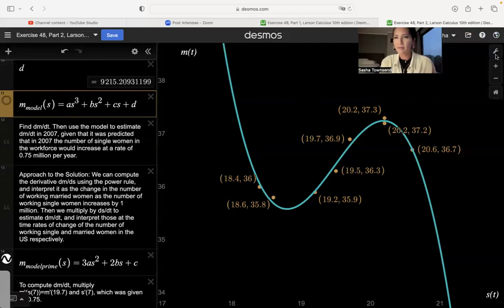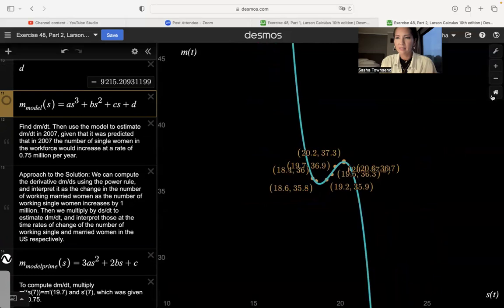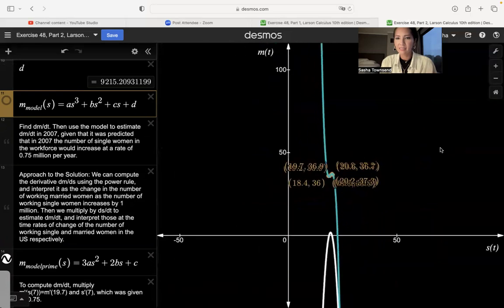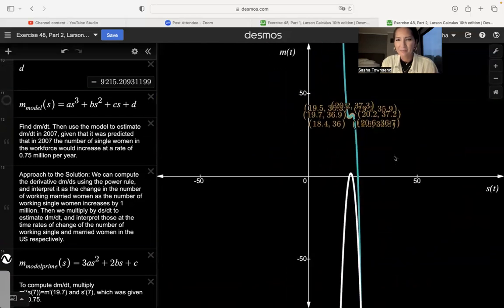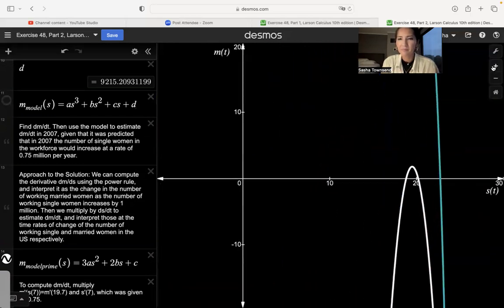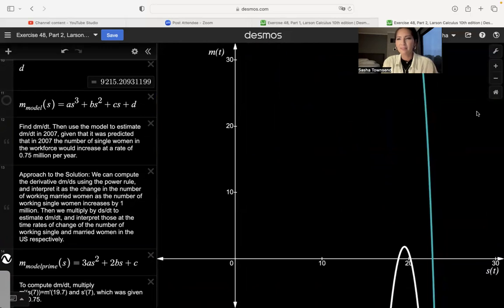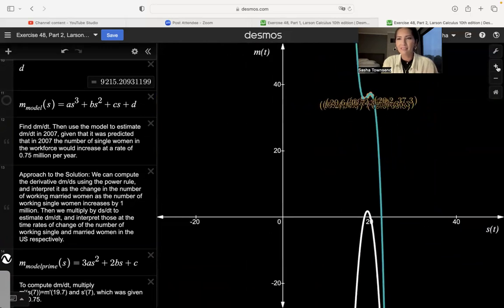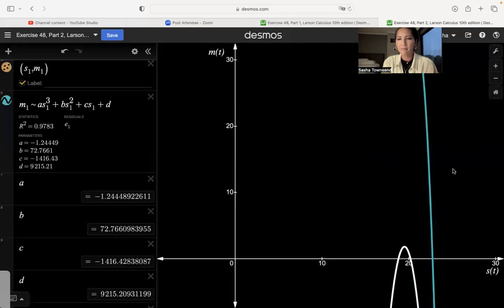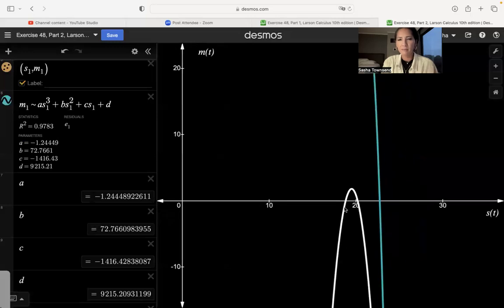Let's zoom out a little bit. There's the derivative, way down there. And say, okay, well, what does that mean? That's our m prime as a function of s. So at two particular s values, our m prime is 0.